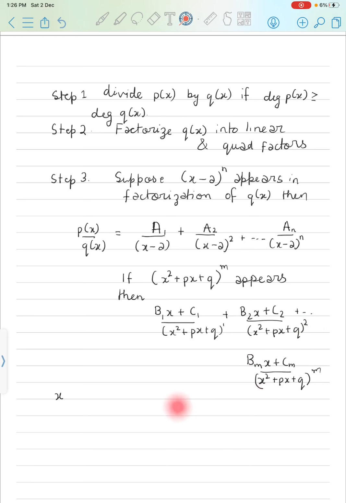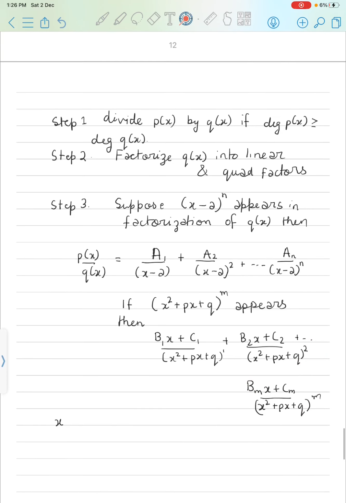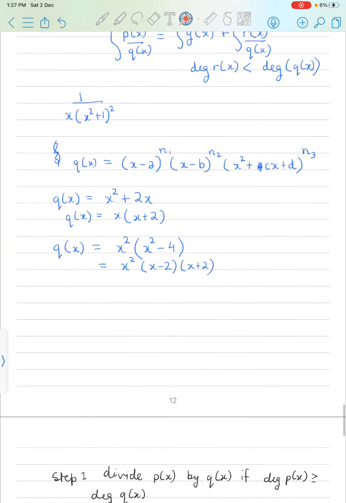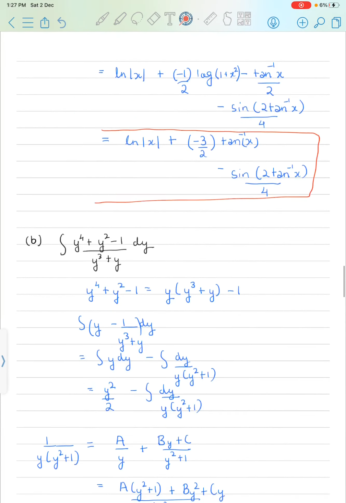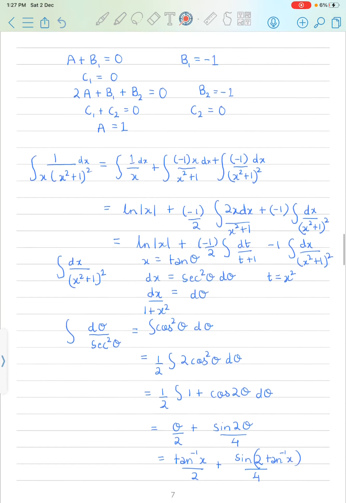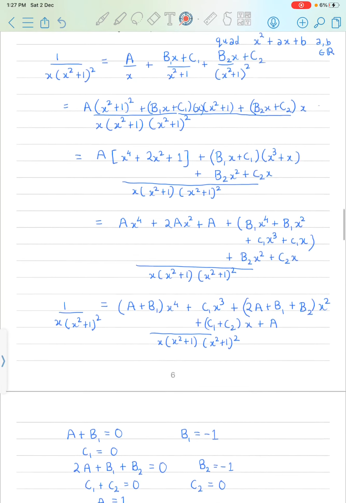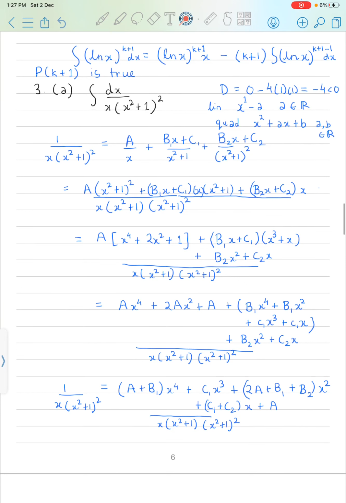Let me illustrate it using our assignment problem. So let's start. In this question you can see our numerator polynomial is 1.